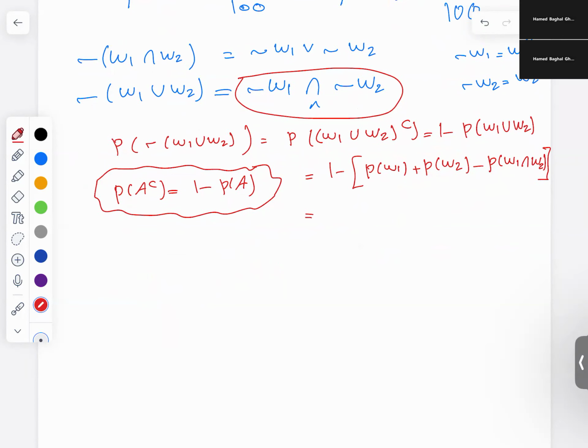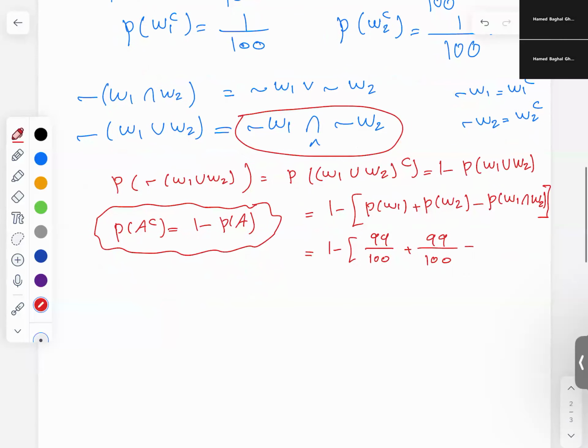All right, so now 1 minus. Probability of W1 is 99%. 99% minus. What's the probability of W1 and W2? It is 99% times 99%. Why can I write this one as here?